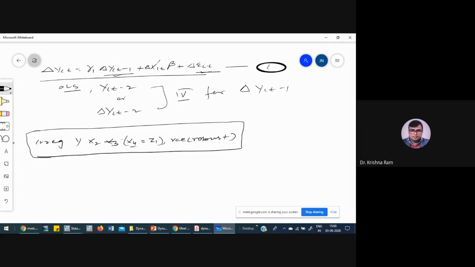In a panel data case of omitted variable, so dynamic one is not a case of omitted variable, remember.